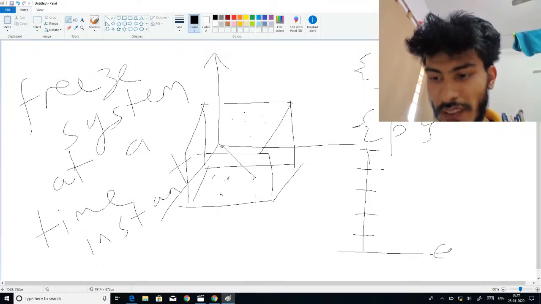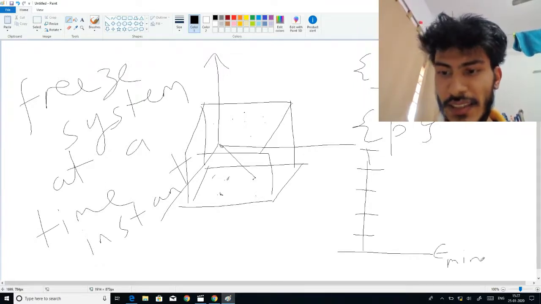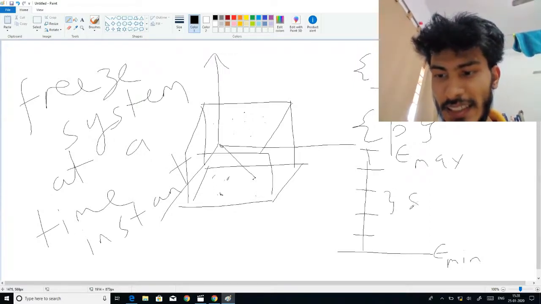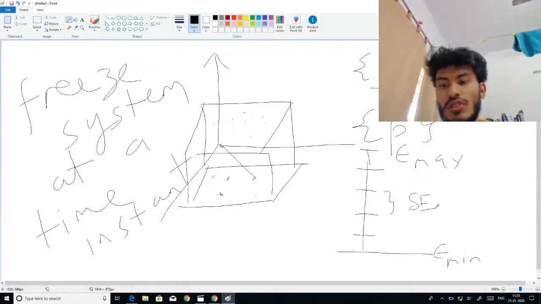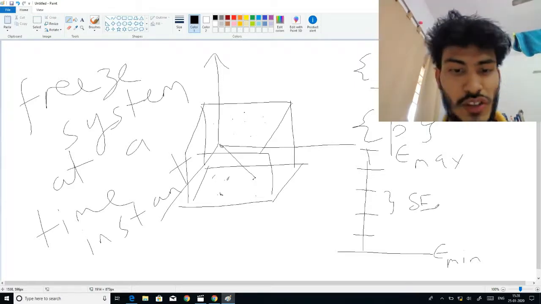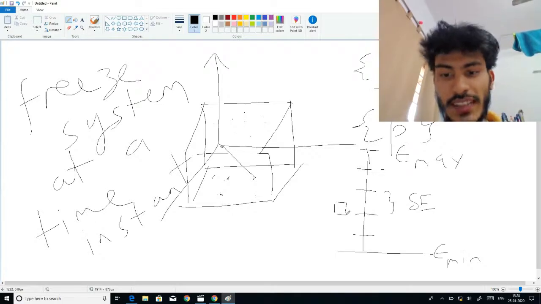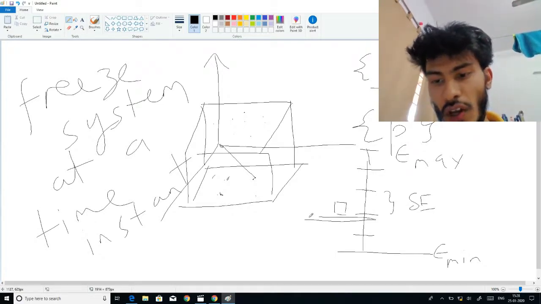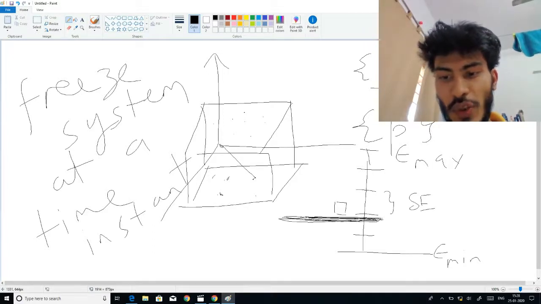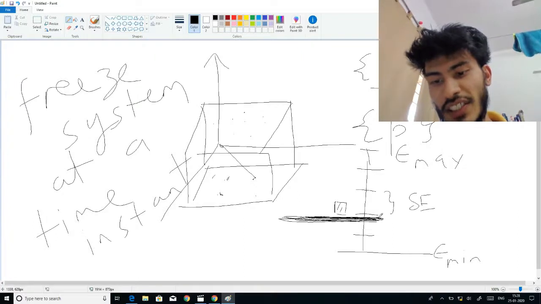So the lowest of this is E min and the highest is E max, and there is delta E separation between two energy levels. So we find that some particle occupies this particular energy level, and we go and stack that particle in this energy level.